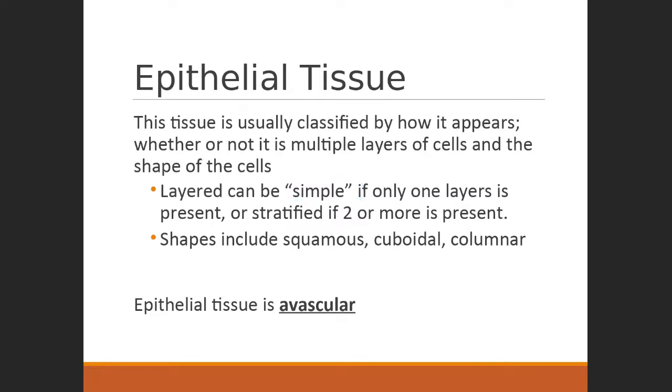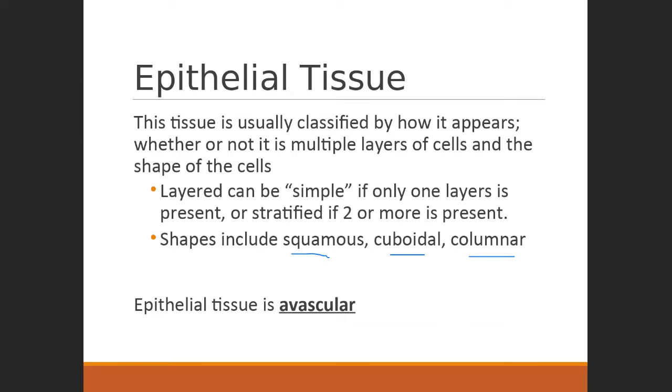The other variable is the shape of the cell. We have three options: squamous, cuboidal, and columnar. Now, two of those, hopefully the name speaks for itself. Columnar, coming from the word column. They're taller than they are wide.